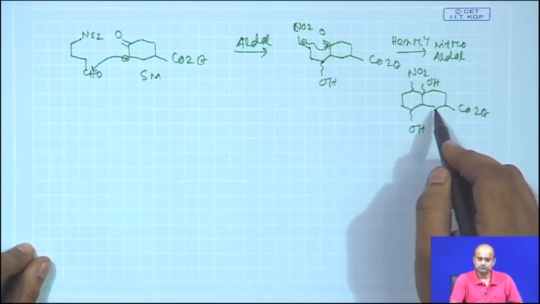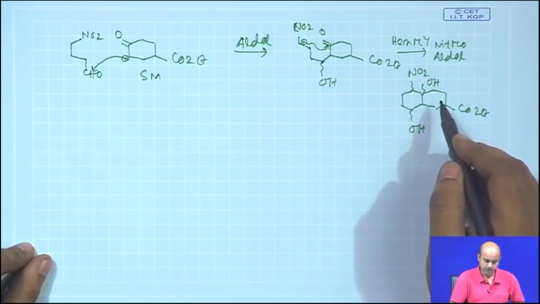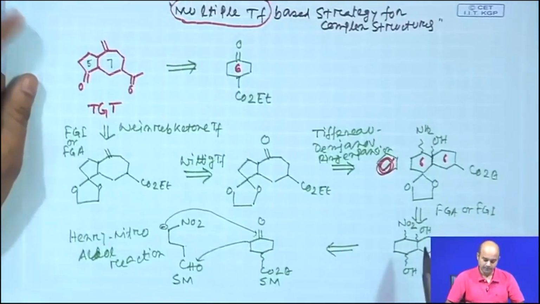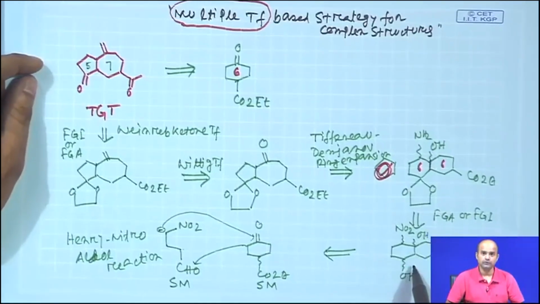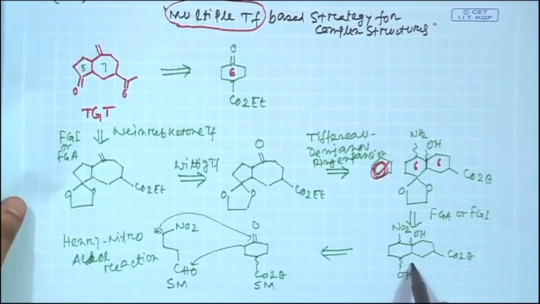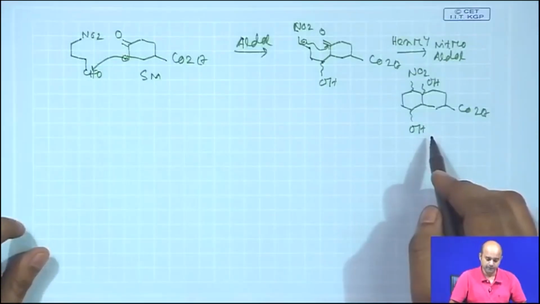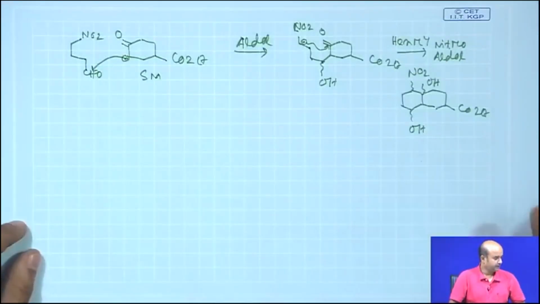So, this is your intermediate, and if you see the retrosynthesis in the earlier slides, we have this intermediate which we said is one of the intermediates in the synthetic pathway. So, this intermediate has been successfully generated.